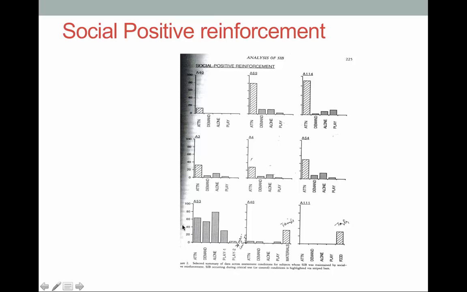Now, a really interesting pattern is this A53, where SIB was happening under all conditions, as you can see, and even under a regular attention condition, but it wasn't any higher necessarily than the other conditions until they modified the attention condition so that it was continuous, non-contingent attention.